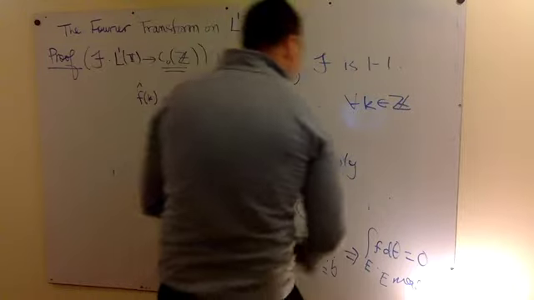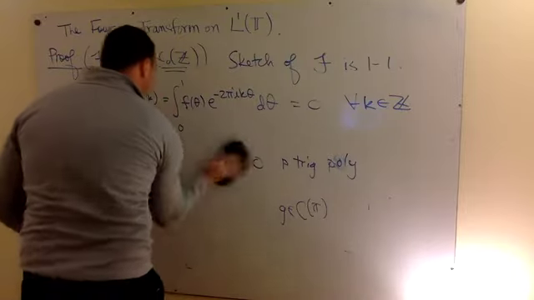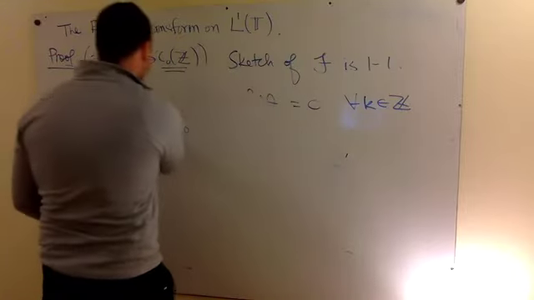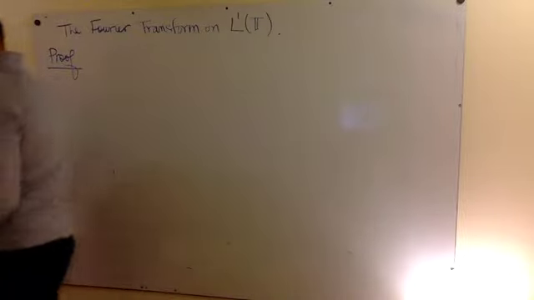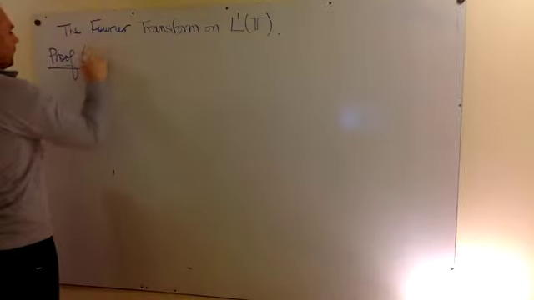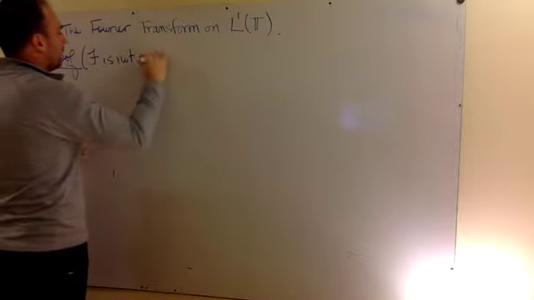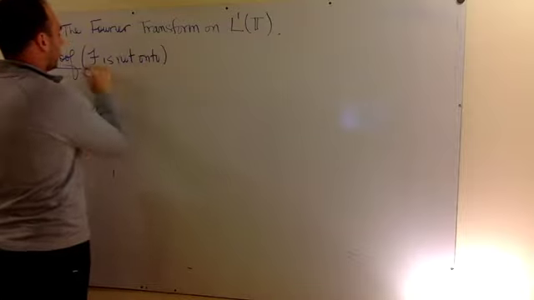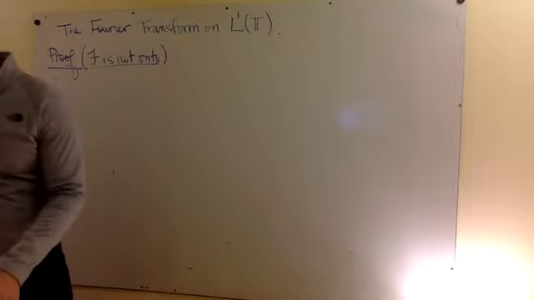Okay, so let's talk about why f is not onto. This is the fun part that uses the open mapping theorem. All right.